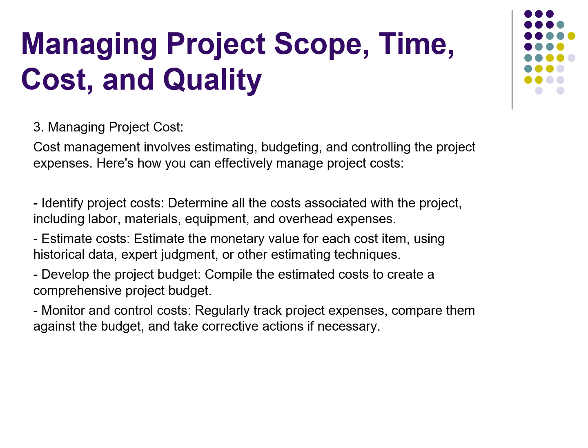Estimate the monetary value for each cost item using historical data, expert judgment, or other estimating techniques. Develop the project budget. Compile the estimated costs to create a comprehensive project budget. Monitor and control costs. Regularly track project expenses, compare them against the budget, and take corrective actions if necessary.